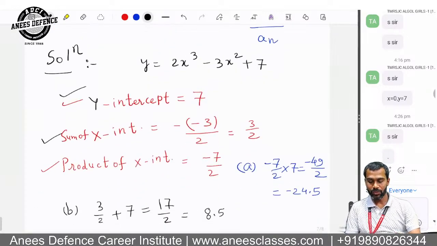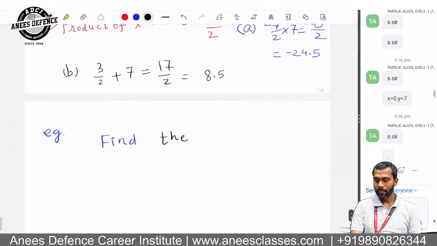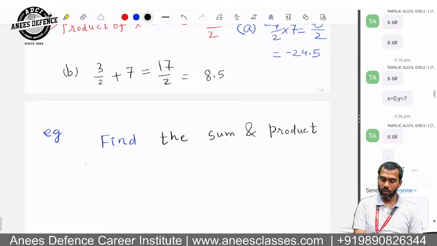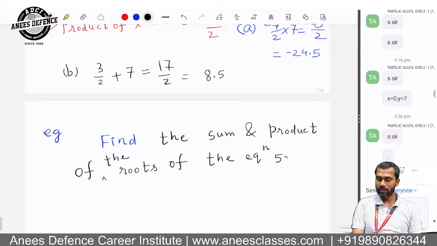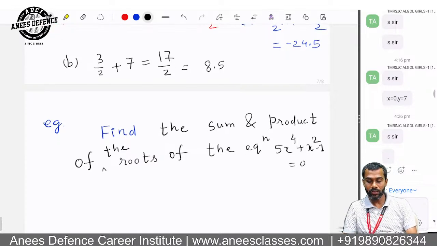See the next question. Find the sum and product of the roots of the equation 5x to the power 4 plus x square minus 1 is equal to 0. Very easy. Please try.